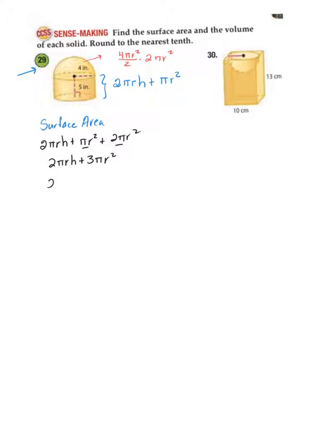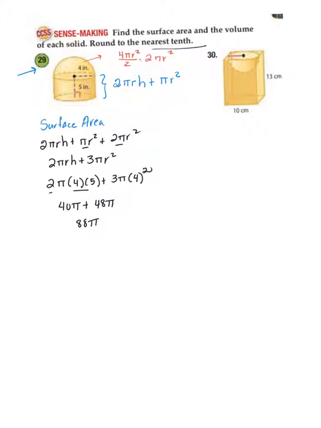So let's see, we're going to have 2 pi, the radius is 4, the height is 5. And again, we've already said the radius is 4. So that's going to give me 20 times 2, which is 40 pi, plus 16 times 3 is 48 pi. So I've got 88 pi.